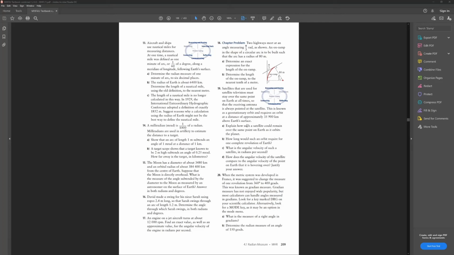So we are just rewriting the equation from slide 3 as R is equal to A over theta, or arc over theta. We know that theta is 0.25 and that the arc is 2 meters. Therefore, solving this, we just get 2 divided by 0.25, which actually gives us 8 kilometers as our answer.